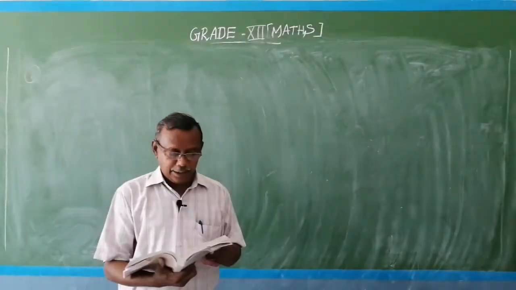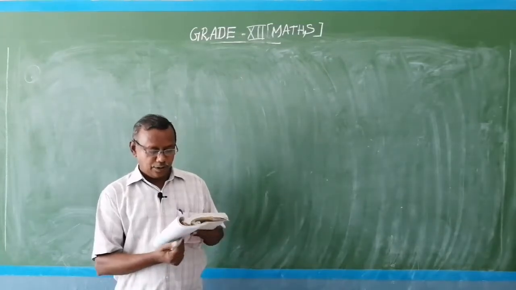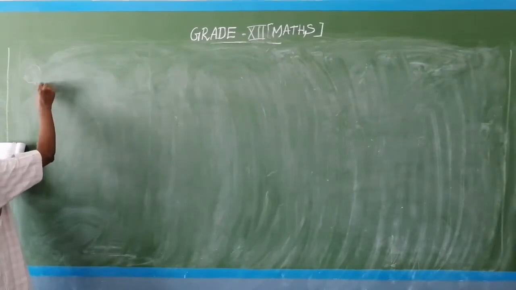Question number 3. Find the angle between the lines whose direction ratios are given.